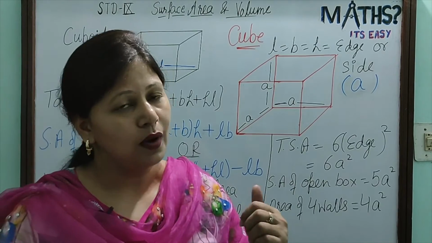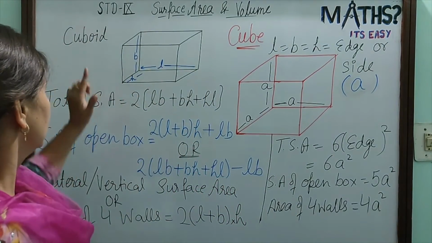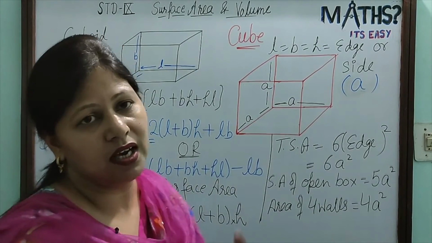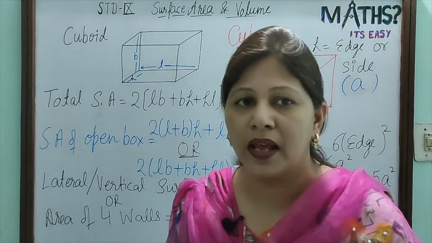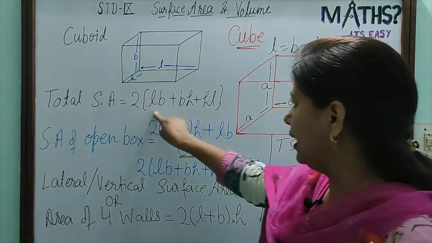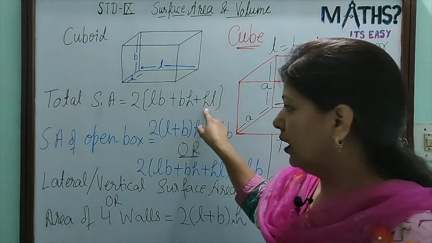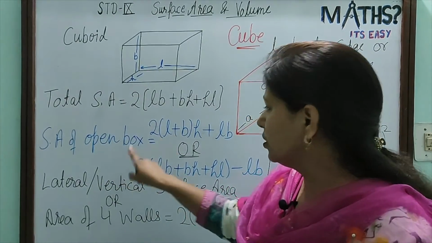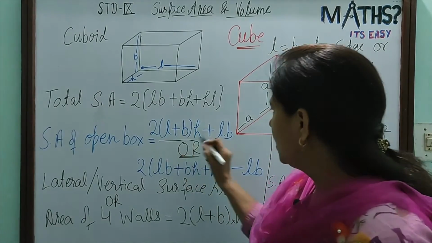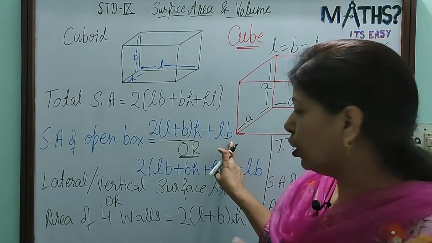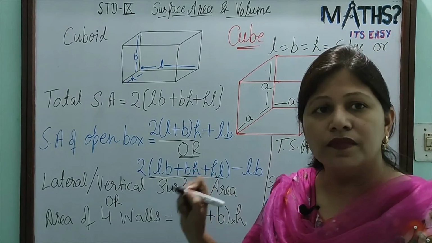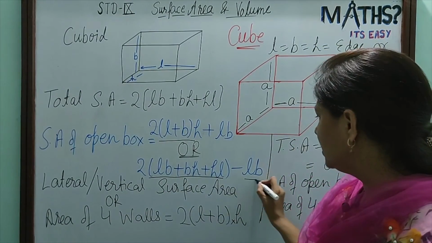Okay, so as a conclusion, in a cuboid length, breadth, height, all 3 dimensions are different, maybe any 2 dimensions are different. So total surface area is 2(lb plus bh plus hl), and surface area of an open box means 5 surfaces, so we can take these 4 surfaces plus the 5th surface, or we can learn in this way, just take the area of 6 surfaces minus LB.